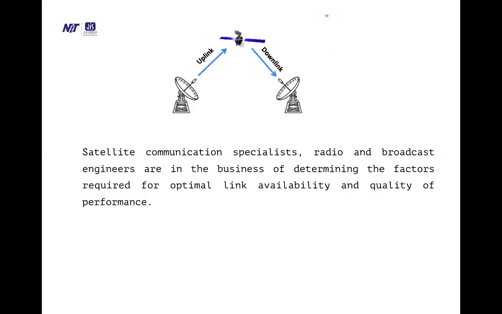So this is a basic concept. This is the uplink and this is the downlink and this is the satellite. And it will be subsequently studied that uplink frequency is always greater than downlink frequency. It has already been given earlier: 6, 8, 10, 12 gigahertz frequency.